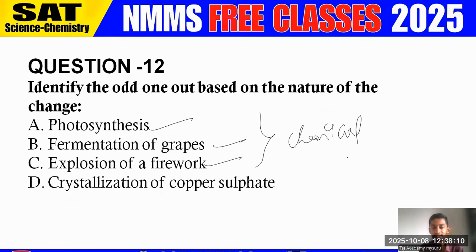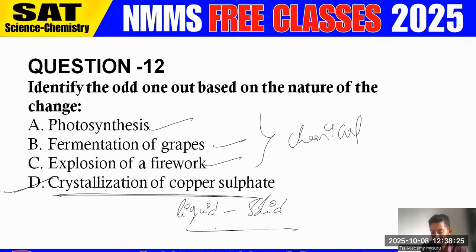Whereas option 4, crystallization of copper sulfate, where you are getting crystals of copper sulfate from a liquid phase, you are converting into solid phase. So that's why it is a physical change. The rest 3 are chemical changes. So the correct one is option D.